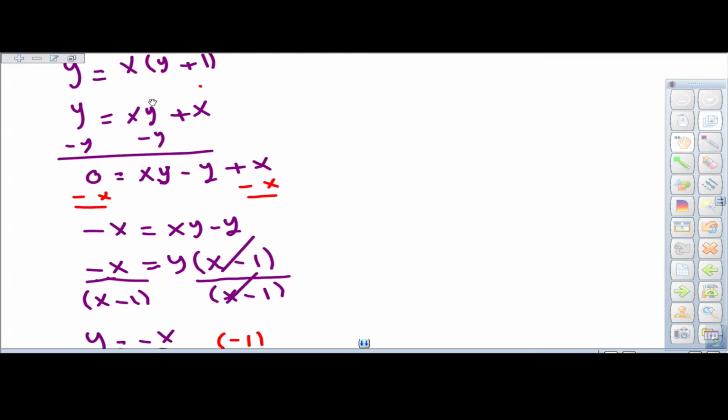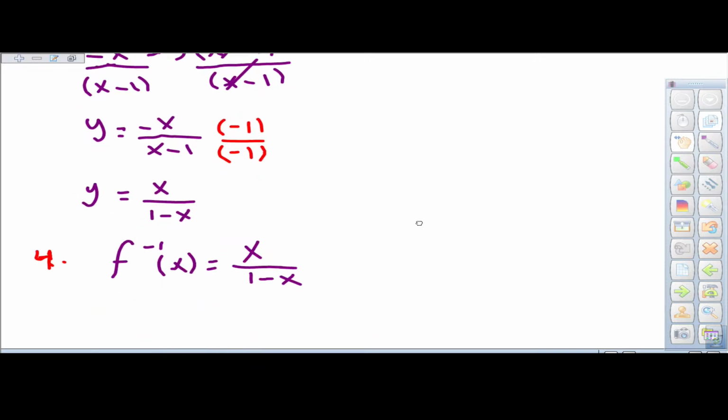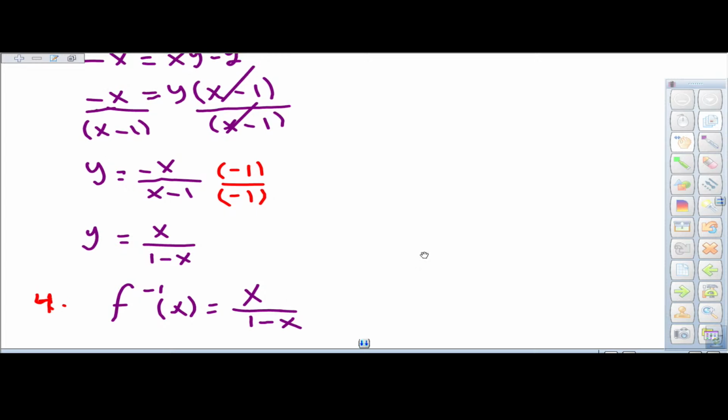But I cannot subtract that from this. That's why it ended up here by itself. XY, I was not able to touch that, and I just subtracted the y from it. Okay, any other question? I know this is a little bit confusing because of some fractions and stuff, but it's the same idea, same concept. You have 4 steps, you follow the 4 steps, and you should be golden.